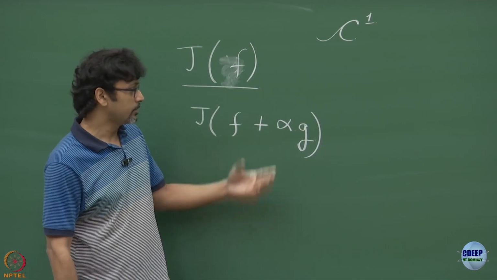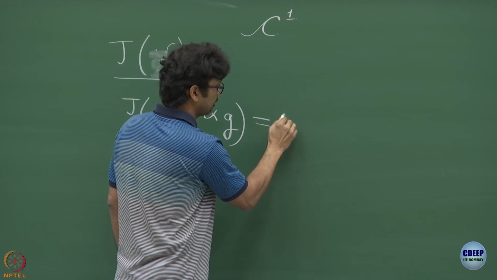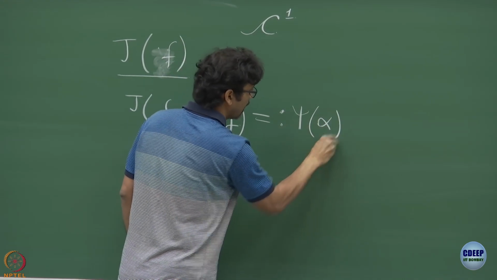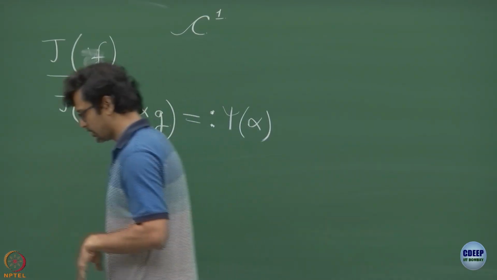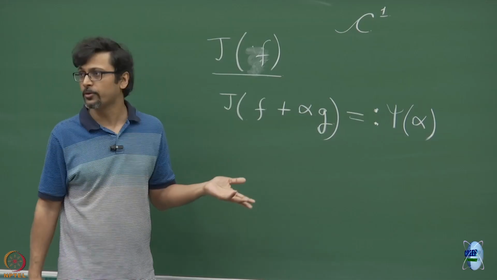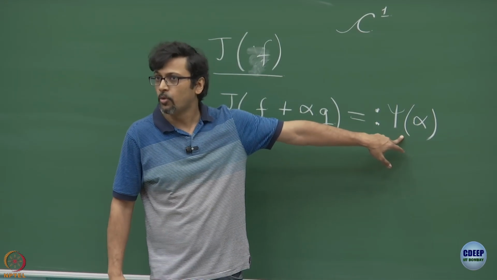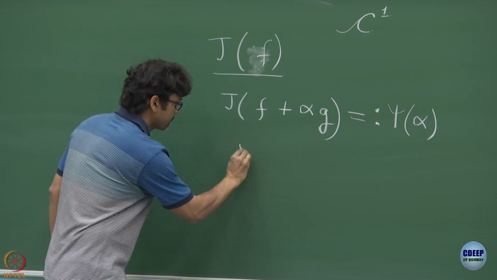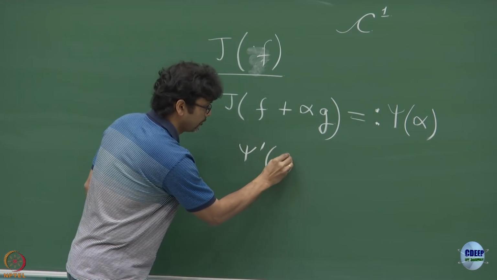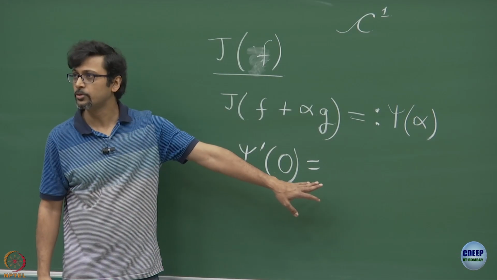So let's consider something like this and designate this as psi of alpha. I suppose with a small amount of work, it stands to reason that the condition for optimality in terms of psi would boil down to what? What should this be equal to?